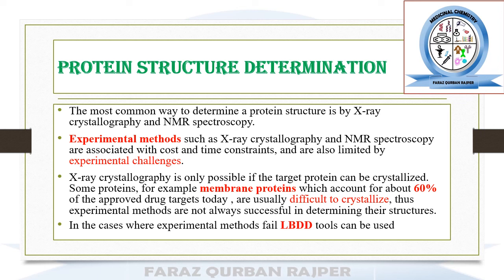So in the case of membrane proteins, X-ray crystallography is not successful. And we know that the majority of drugs, like 60% of the approved drug targets, are based on membrane protein targets.